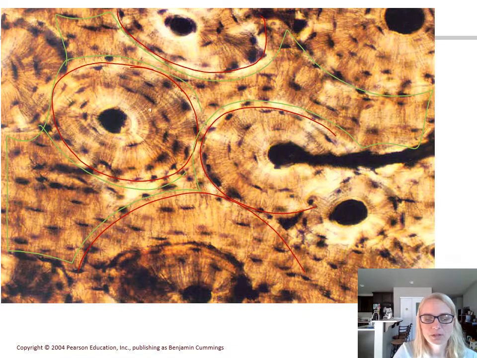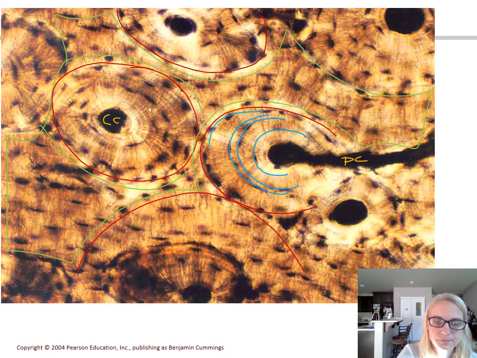We have our central canals here within the osteon, and this is a really good example of a perforating canal because it's going perpendicular to the central canal that we're looking straight down in. And then I can also start identifying the lamellae, okay?